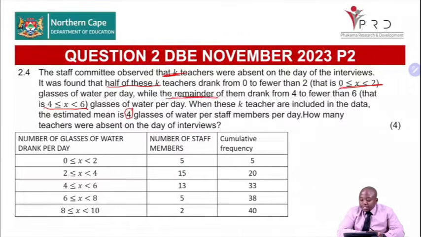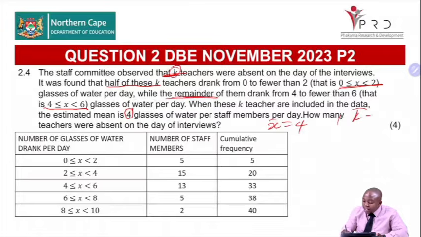When these K teachers are included in the data, the estimated mean, so our estimated mean went to how much? 4 glasses of water per staff member per day. How many teachers were absent on the day of interviews? So these are K teachers, so we just need to know what is the value of K.